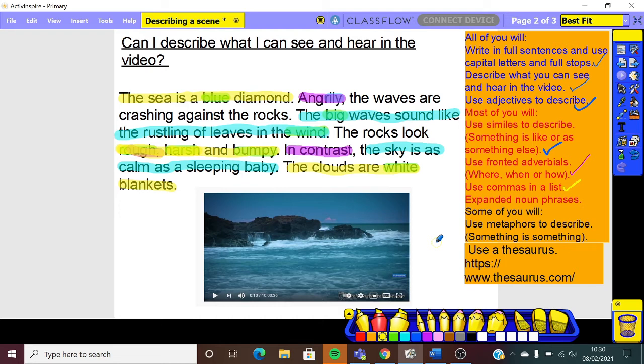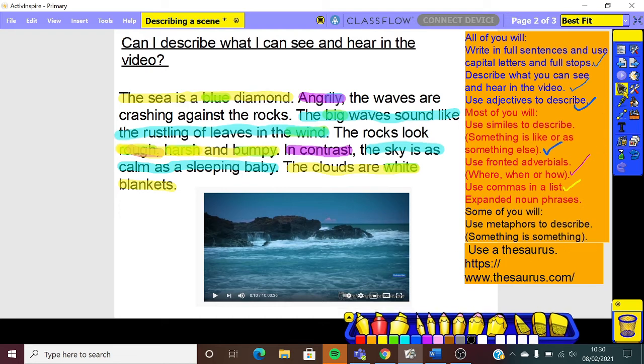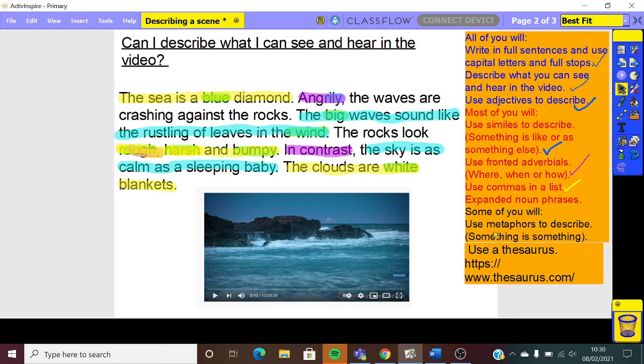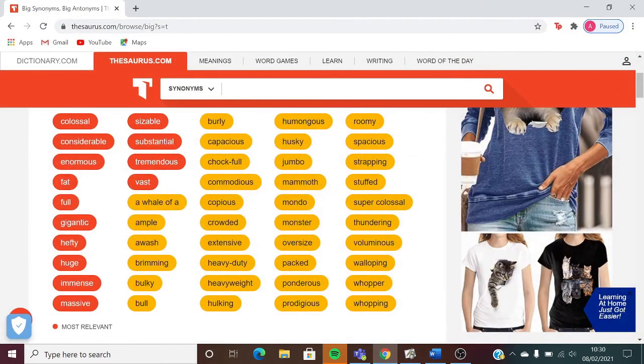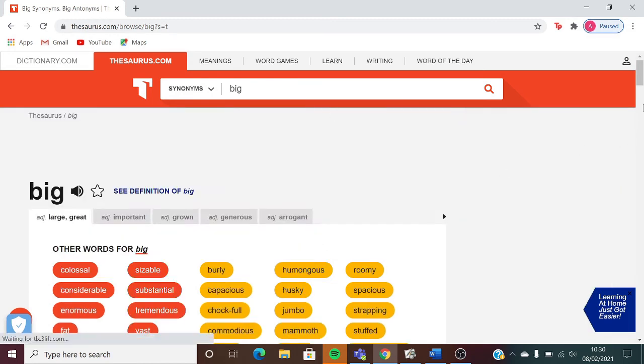Okay, and then as always, we've got our thesaurus to up level some of our words. Now, I'm looking at the word big. The big waves. I can get a much better word in there. Let's have a look. Big. Oh, I think I typed it in earlier, just in case I did.